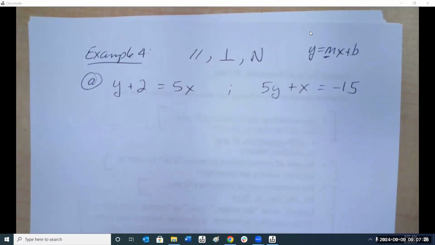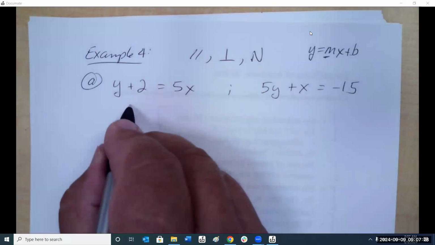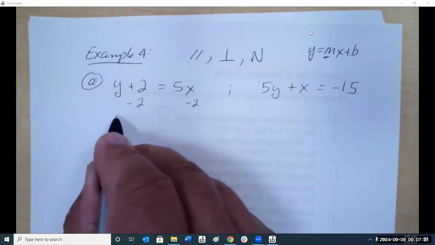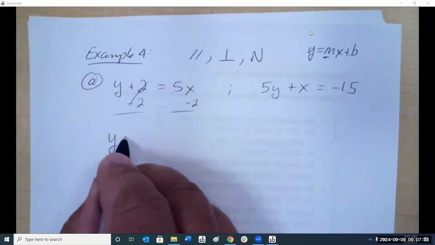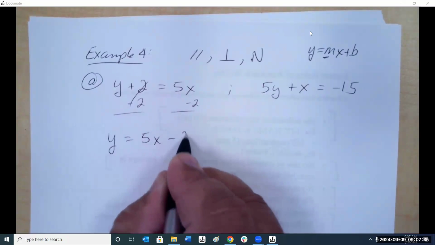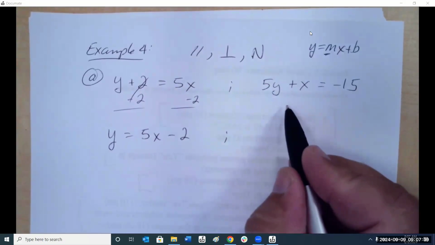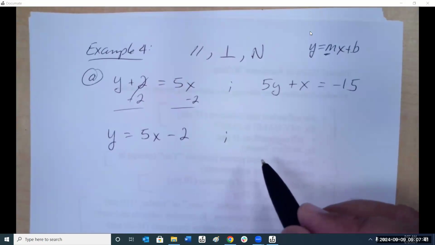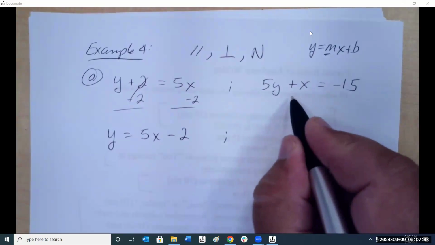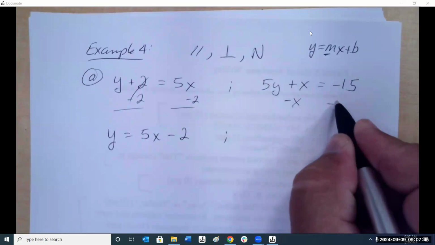So what's the first one going to do? I subtract 2. So y equals 5x minus 2. And this one? Get rid of the x first.